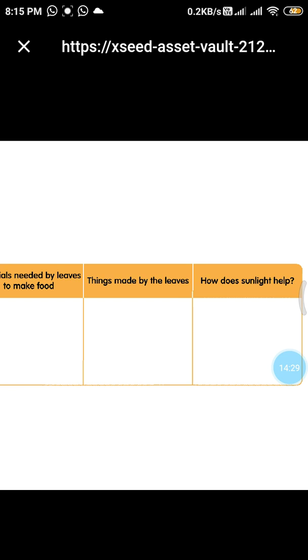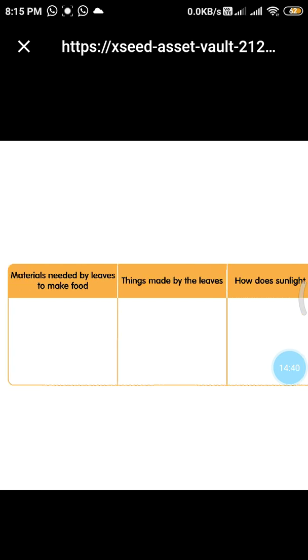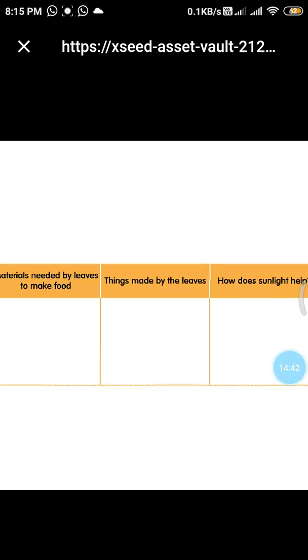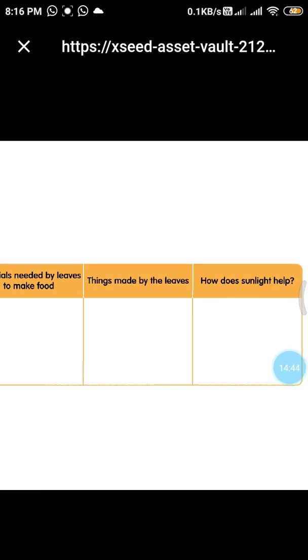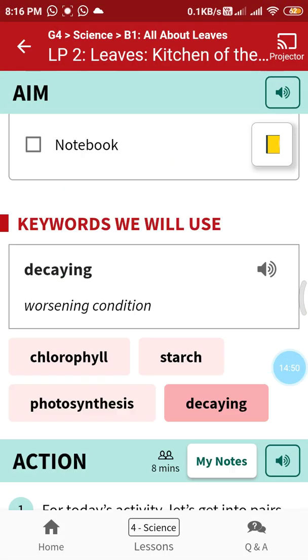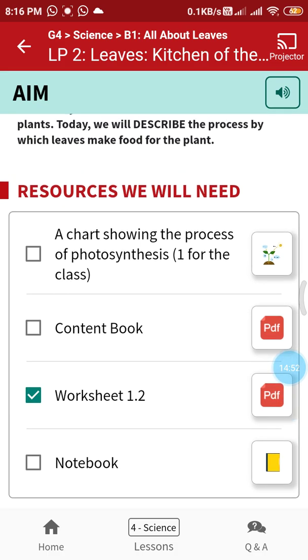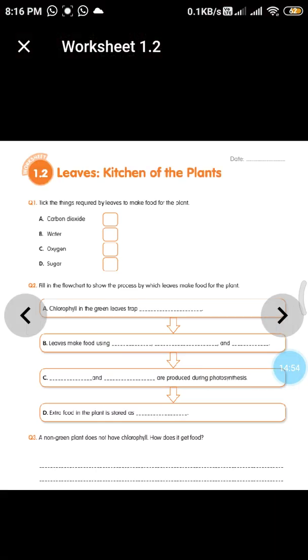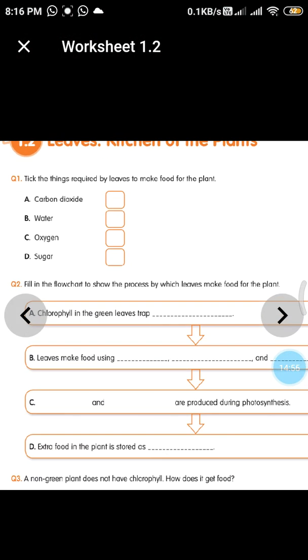You need to mention how the sunlight is helping, how the chlorophyll is helping, all these raw materials, how they are helping in the photosynthesis process. You have to write this tabular column. This is your today's activity children, and you also complete the worksheet which is given here. The worksheet which we already discussed, what to be written in the worksheet.